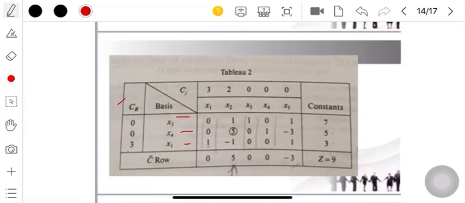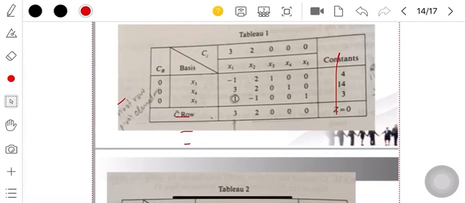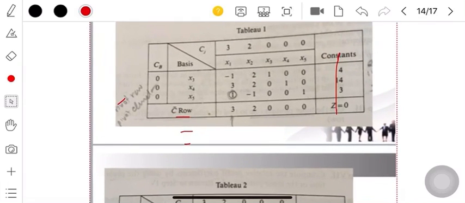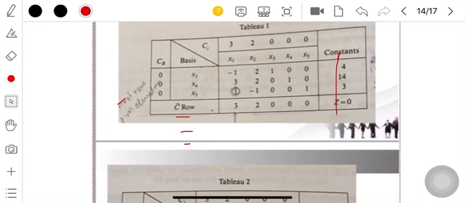Now what we do in this, just divide. Here you can see 1 is the key element, the intersection point of the key column and the key row. This is known as the key column, and this is known as the key row. So the intersection point is 1, so divide this row by 1.